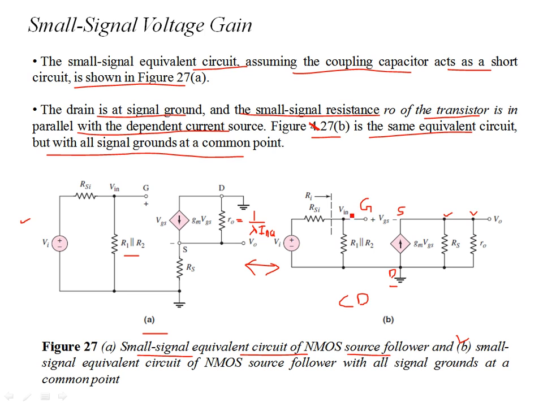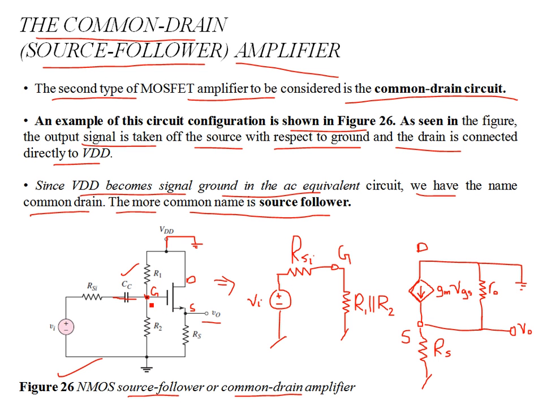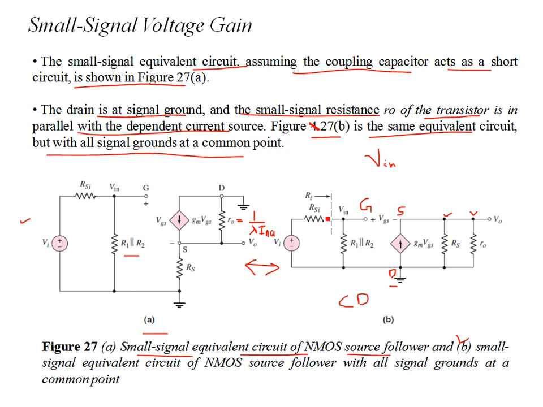Another thing to note from here is that you see Vin, which is available at the gate terminal, the AC Vin, is a fraction of the original input voltage source. Your biasing resistance is R1 and R2, which is the input resistance of the transistor as well. If I write it as such, R1 parallel combination R2, it's in a voltage divider configuration.